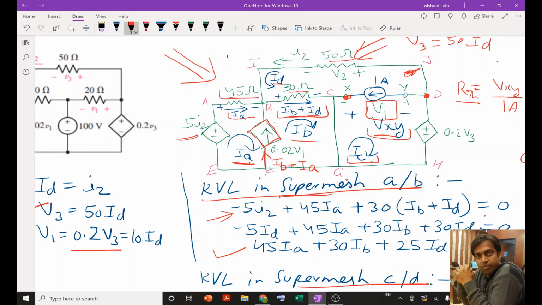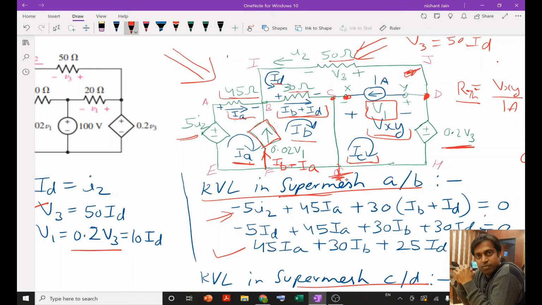Since this VC is grounded, it is the reference node, the potential over here will be 0, whereas the potential at this D node will be 0.2 V3.